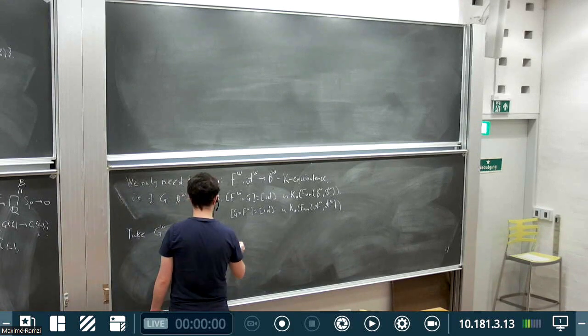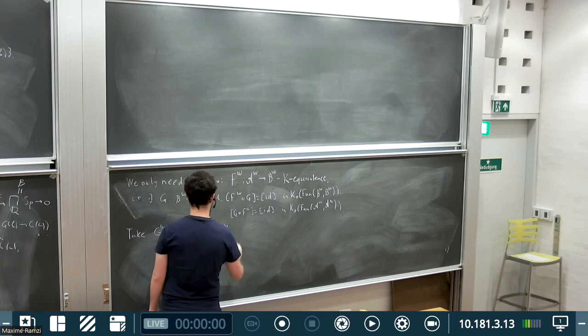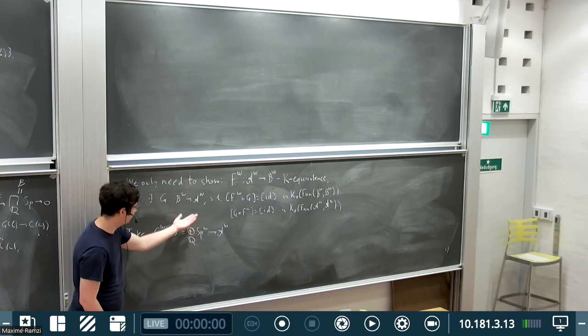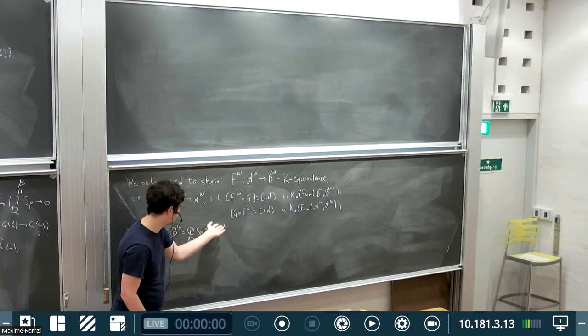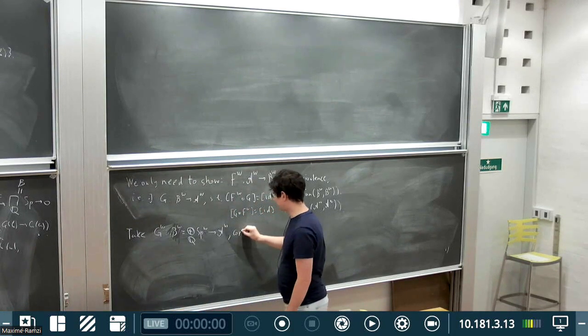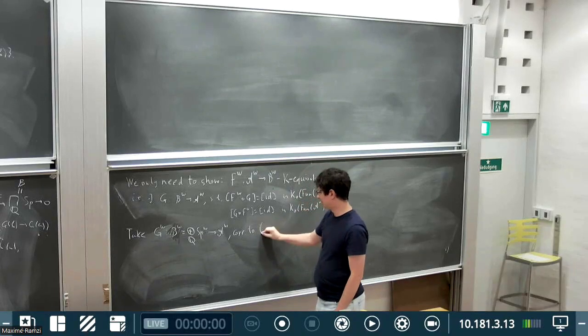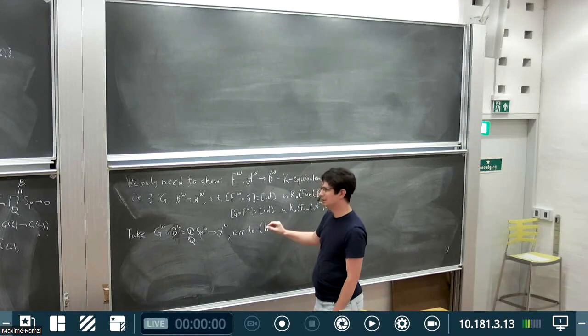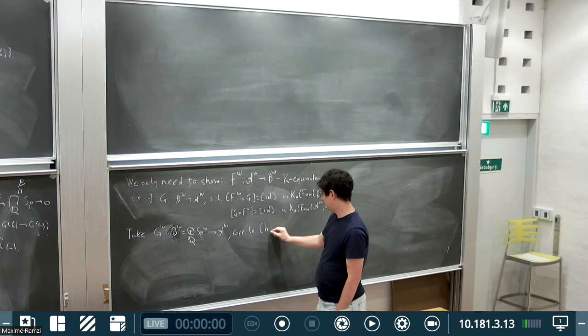And to define the section, we just need defining such a functor is the same as defining a collection of objects, here indexed by rational numbers, but it corresponds to the collection of representable presheaves, stabilizations of representable presheaves.